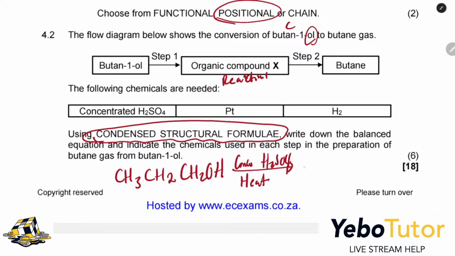This should produce CH3CH2CH=CH2, plus water being produced over there. So this is the correct reaction.